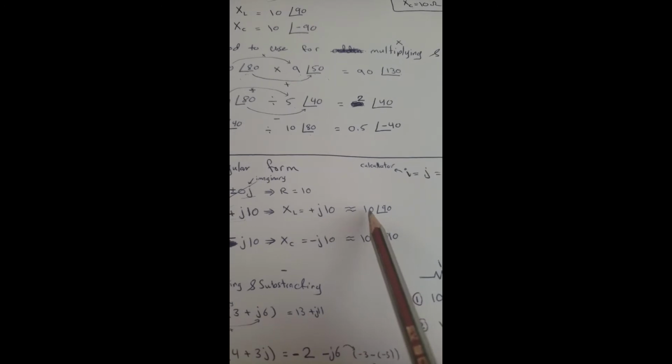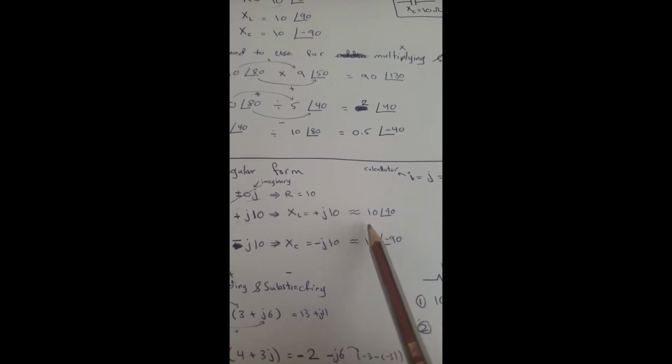So the total will be plus J10, which is equivalent to this number, 10 magnitude, while angle is 90. XC, the angle 0 real part, minus J10, because the angle is minus 90. I will end up with this one, and this is another representation for this number.